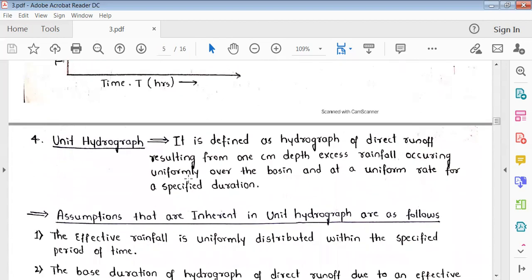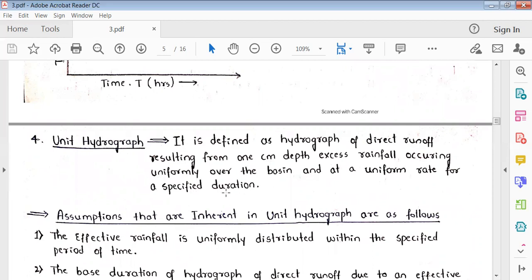So we know what a hydrograph is. Now we'll see what a unit hydrograph is. A unit hydrograph is a hydrograph of direct runoff resulting from 1 centimeter depth of excess rainfall occurring uniformly over the basin and at a uniform rate for a specified duration.